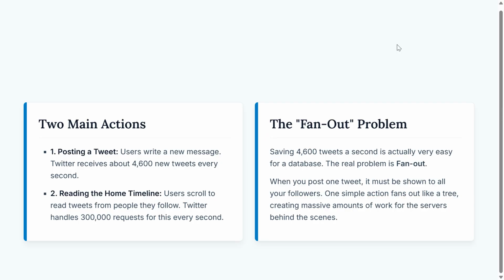The real problem for Twitter was something called fan-out. Think about a celebrity. When they write one single tweet, that one tweet must be shown to millions of followers. One small action spreads out like a giant tree. This fan-out creates massive pressure on the servers.